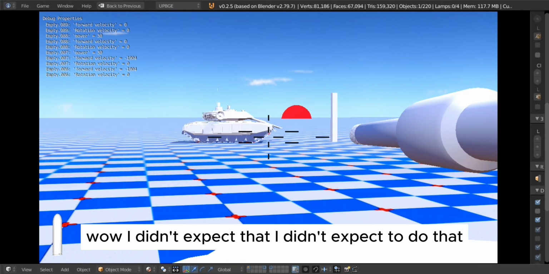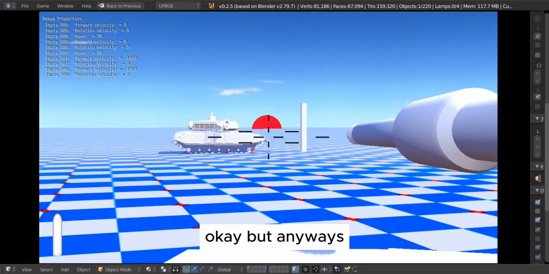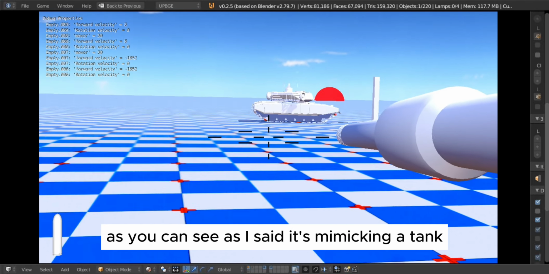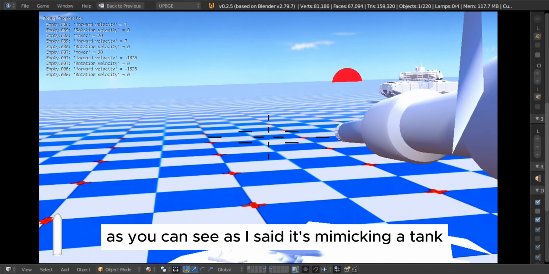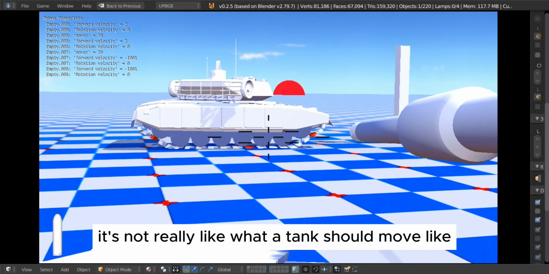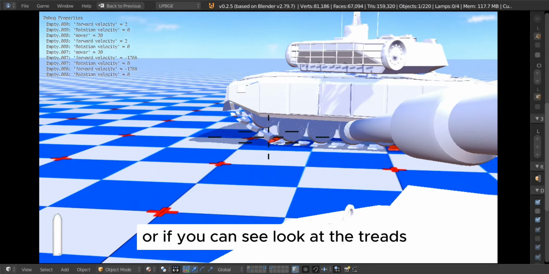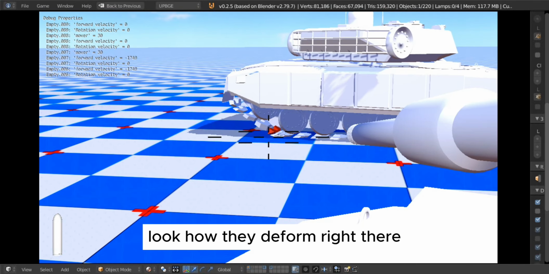Wow, I didn't expect that. Okay, but anyways, as you can see, as I said, it's mimicking a tank. It's not really like what a tank should move like. So that's why you're having these glitches. Look at the treads, look how they deform right there.